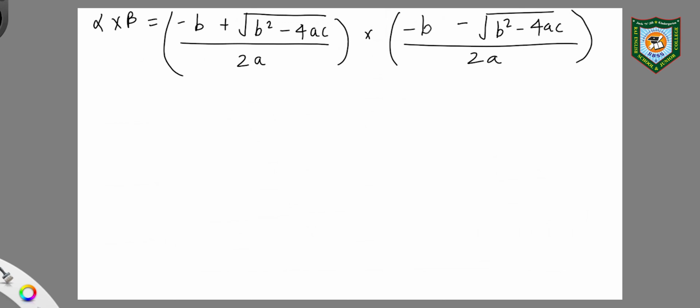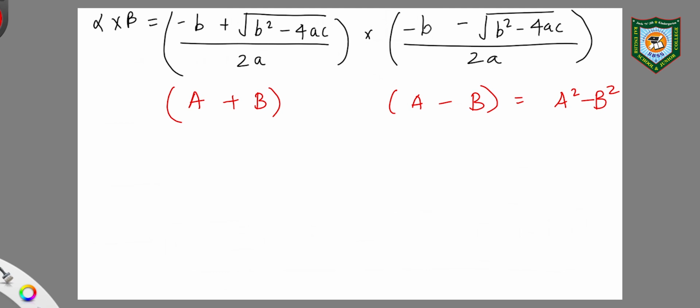Now as we can see, this particular value is in the form of a plus b into a minus b. Just so this is easy for you to understand, I'm going to use capital letters. Here I have capital A plus b into capital A minus b, which is equal to a square minus b square.